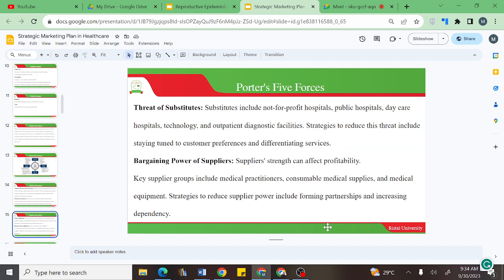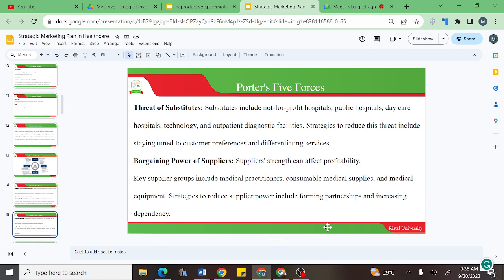And then the threat of substitutes. If you're going to establish a healthcare organization, you need to be aware that you're going to compete with even non-profit hospitals or public hospitals. So you need to be very innovative, such that the threat posed to you by hospitals owned by NGOs and by the government doesn't make you run out of business.